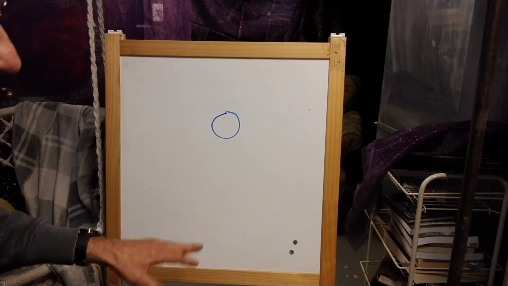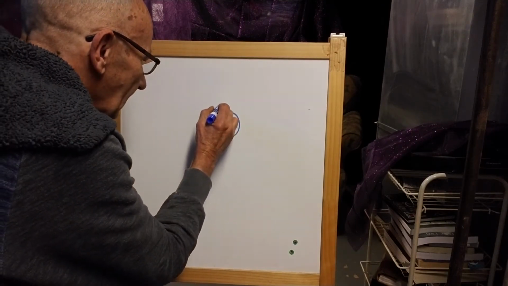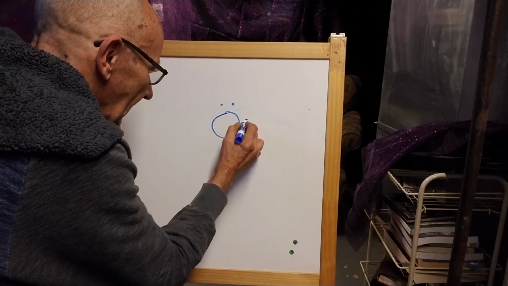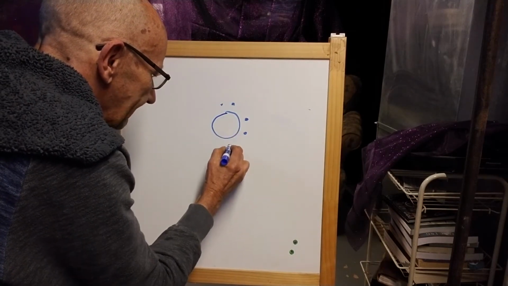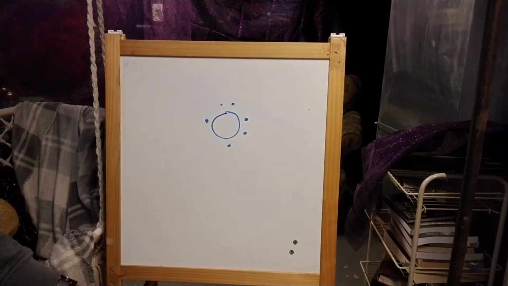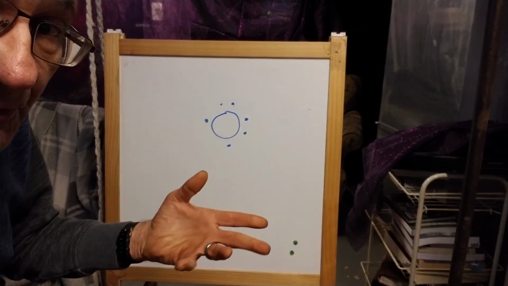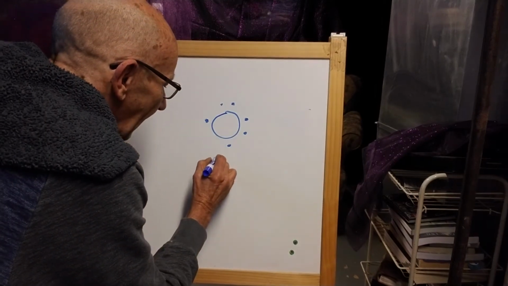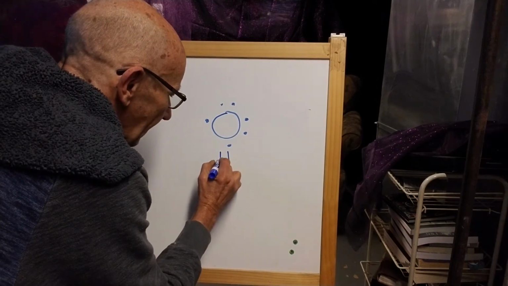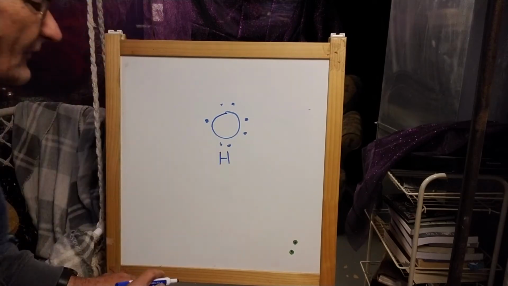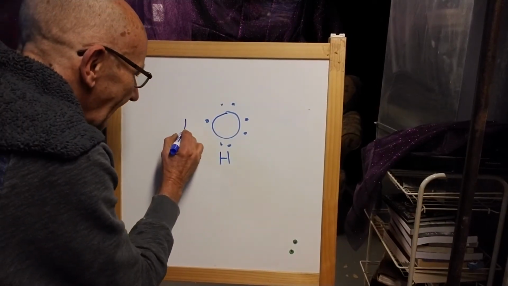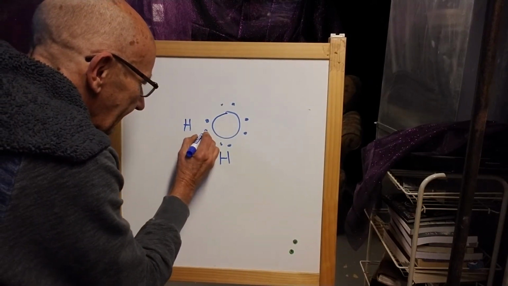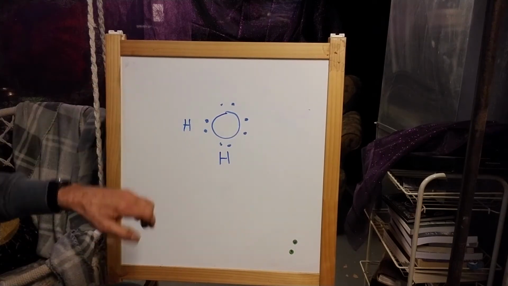O stands for oxygen. In its outer shell, it's got 1, 2, 3, 4, 5, 6 electrons. If you remember, he wants 8 in his outer shell. So here comes hydrogen with his 1. He plugs in there. Hydrogen right there.